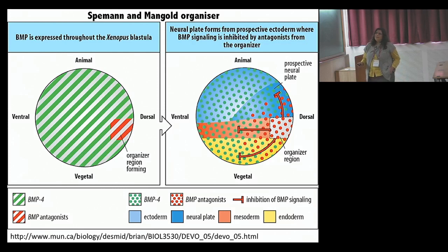And it can now induce neural structures like it did in the previous slide by inhibiting that signaling pathway. So it's a source of inhibitors for the ligand of a particular signaling pathway. Let's not get into what the details are, but that is at least one of the molecular attributes that allows it to function as an organizer.